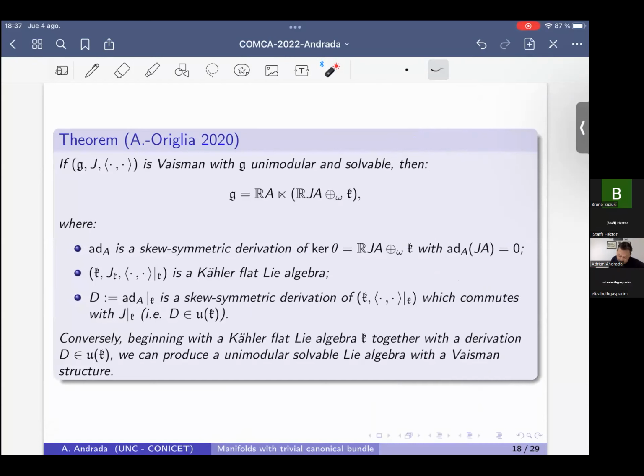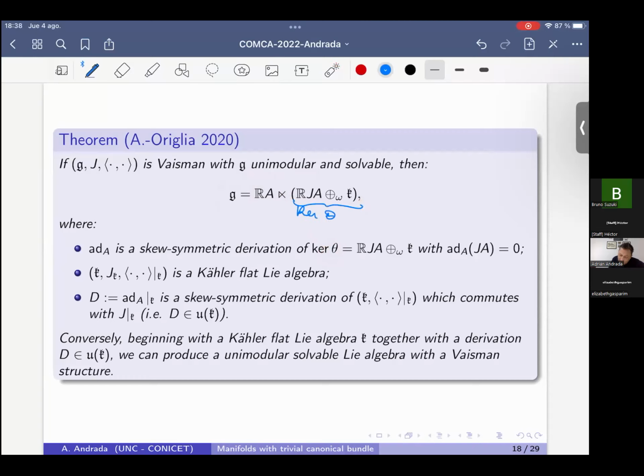It's not necessary to understand everything that happens here, but if we take a solvable Lie algebra with a Vaisman metric, and the Lie algebra is also unimodular, then this g can be written as a semi-direct product of R A, where A is the dual to the Lee form theta, and this part here is exactly the kernel of theta.